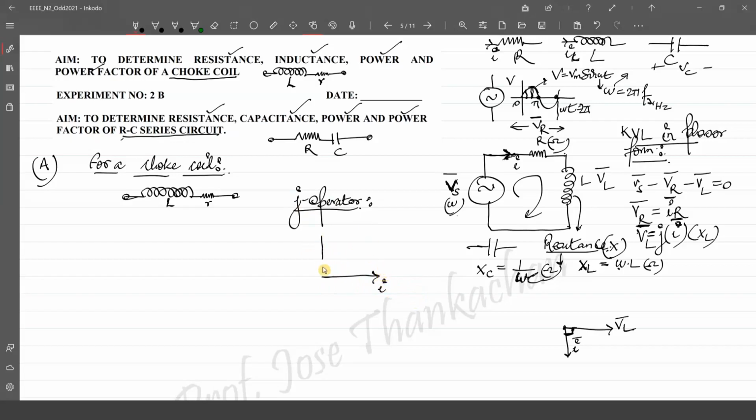That means if I multiply this phasor I with J, then Ji will get rotated by 90 degrees in the counterclockwise direction. That is the effect of this operator. Also this operator does not change magnitude; its magnitude is unity. So the magnitude of J is equal to 1 and the angle of J is equal to 90 degrees.